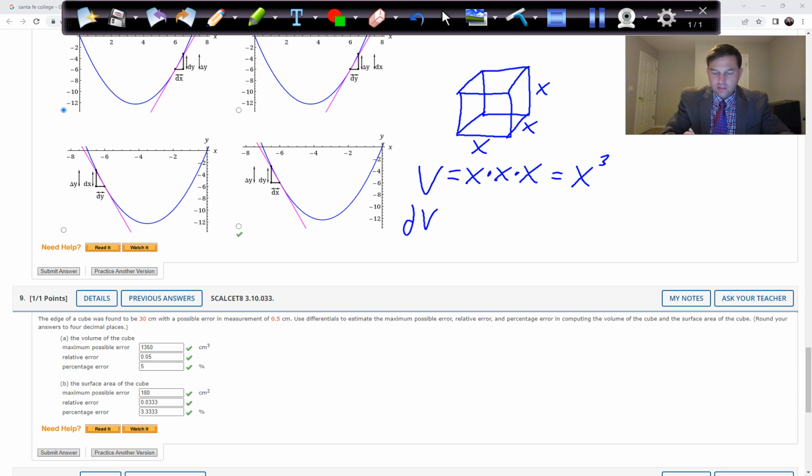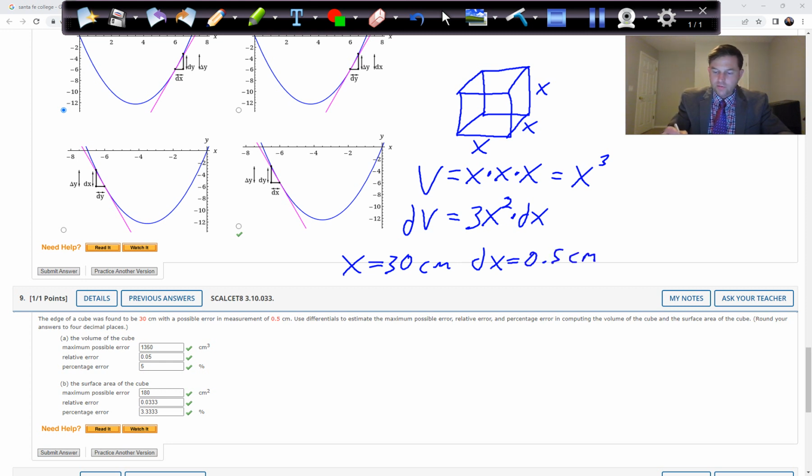We want to find the differential of the volume. That would be 3x squared times dx, based on what we've just been working on. They say x in this problem is 30 centimeters, and dx, the error, is 0.5 centimeters.